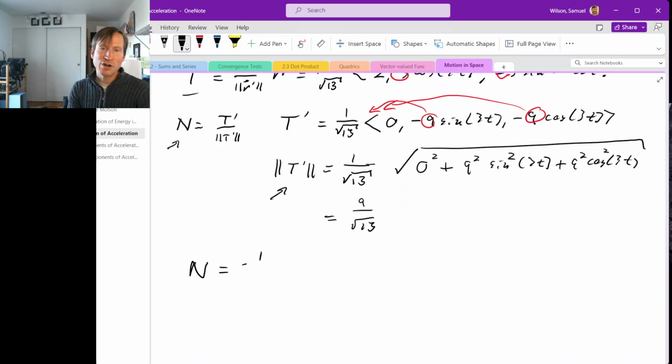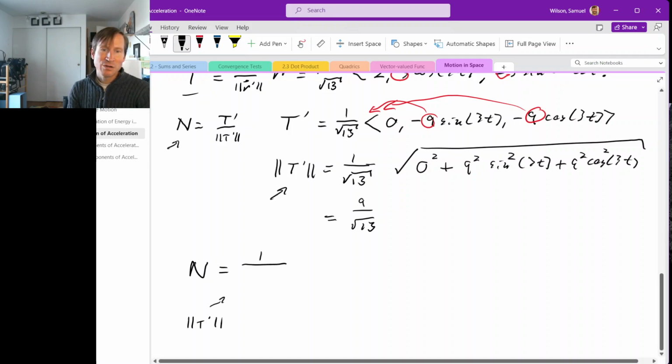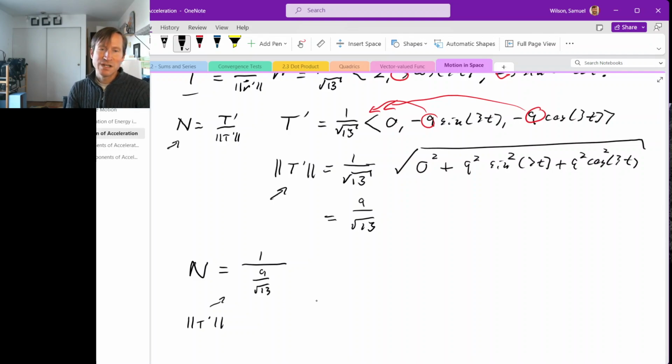It is 1 over the magnitude of t prime, which we found to be 9 over the square root of 13, times t prime itself, which was 9 over root 13 times, let me factor out this 9 now, 0, comma, minus sine 3t, comma, minus cosine 3t.